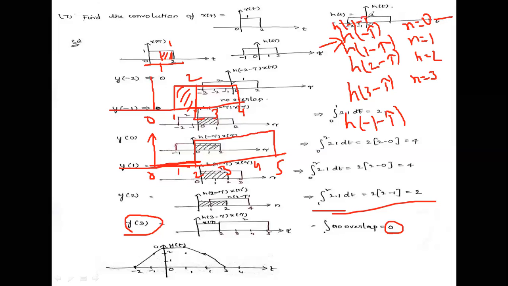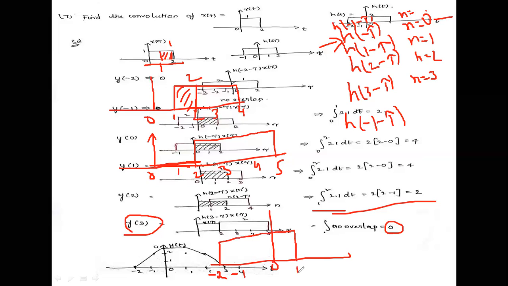This is h of minus 1 minus tau when n is equal to minus 1, with the movement towards the left side. My dear students, now see, this is h of minus 1, 0, 1 and 2. Moving towards the left side means it starts from minus 2, minus 1, 0 and ends at 1, because it is one sample towards the left side.